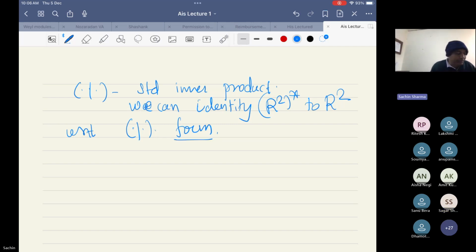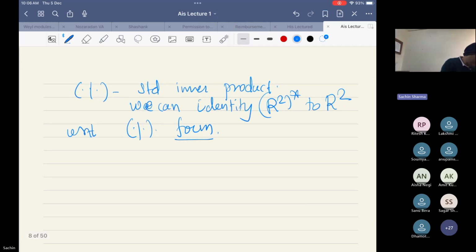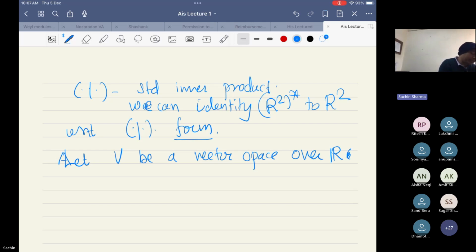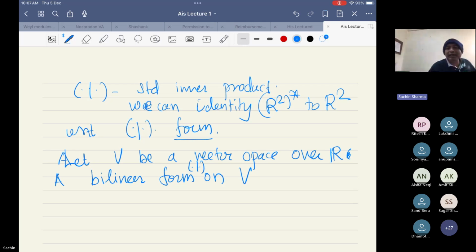Let me recall these things. Everybody knows here what a non-degenerate bilinear form is. Let V be a vector space over R, or F actually. A bilinear form on V. I hope everybody knows bilinear forms, right?